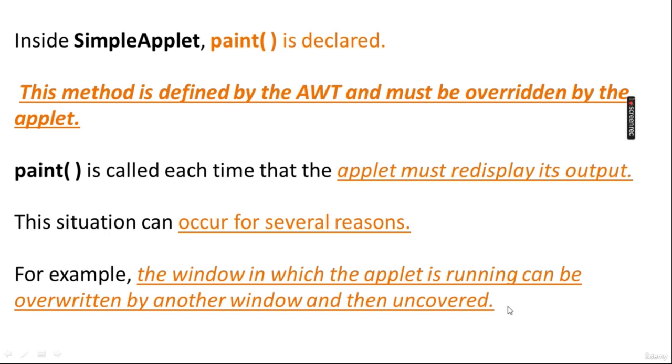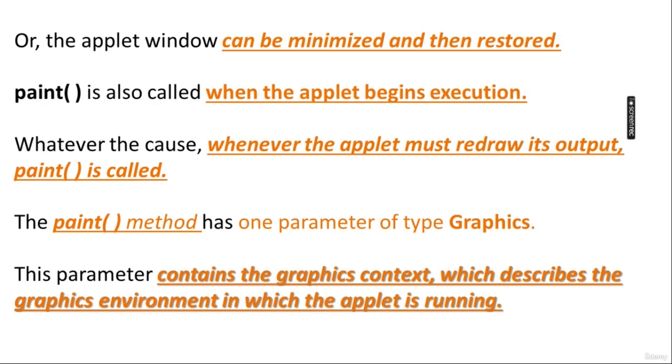Then again it will call paint to redraw the applet window, so that window should be restored. The applet window calls the paint method again and again. Every time the applet must display its output, the first output will be destroyed when the user opens the second window. For that purpose, paint is called each time.